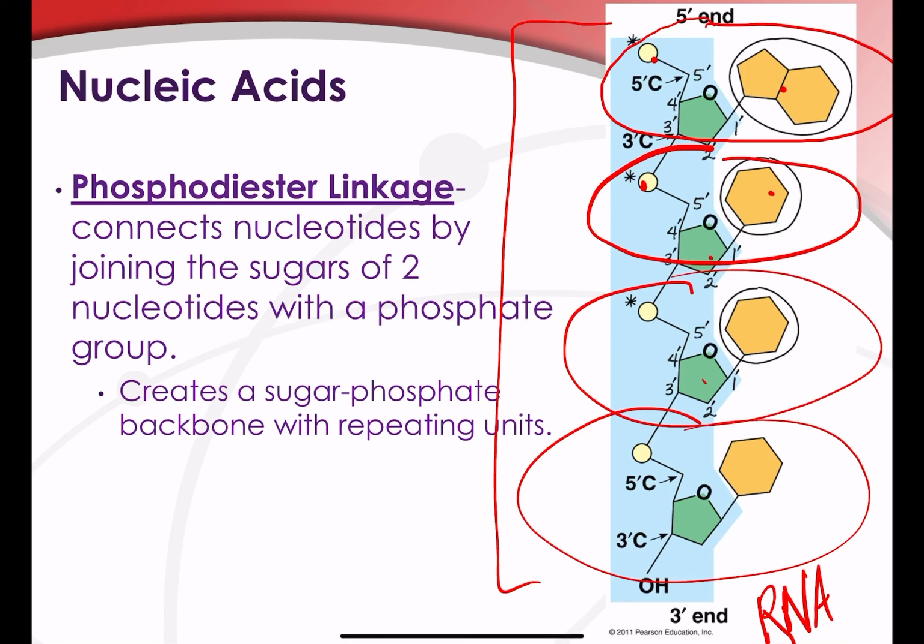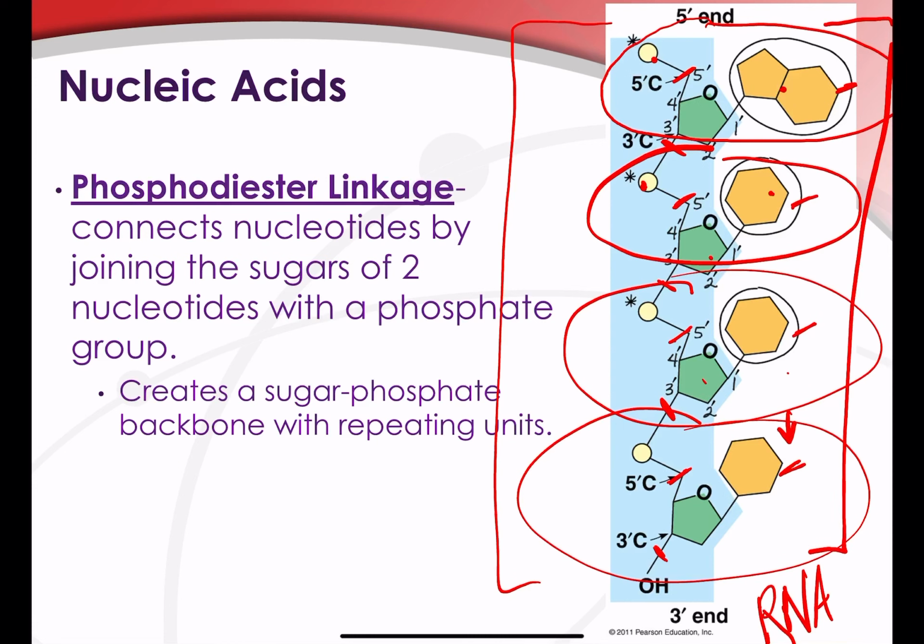So the bond that holds the sugar and the phosphate together, these bonds here, are called phosphodiester linkages. Okay, now in DNA we have a few more bonds that would hold the bases together. If you looked at DNA, the other side of this picture would be basically a mirror image.